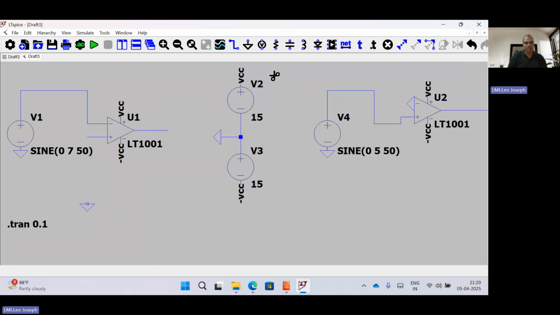I am going to introduce one more voltage supply. Then the realization will become quite simple. Everyone can understand, but for a more satisfactory realization, you can do it this way.